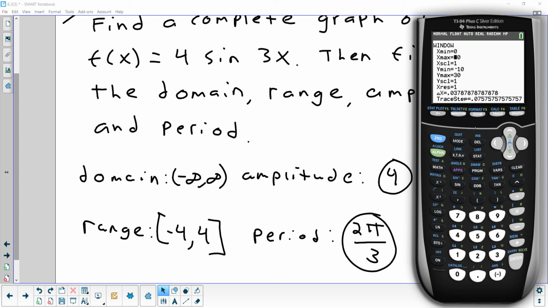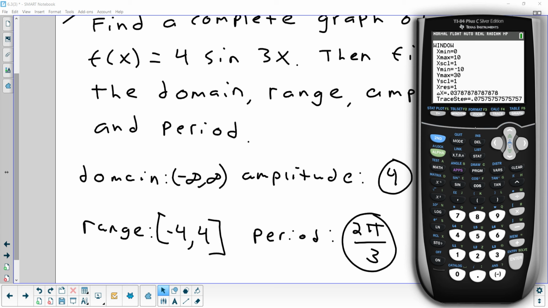Well, if you're not sure, think of how long 1 cycle is. And then if you want to show 2, you need to double it. Bailey? 8. Well, 8 is my amplitude. That's going to have to do with my y, -4 to 4. But Jake? So what's the length of 1 cycle?